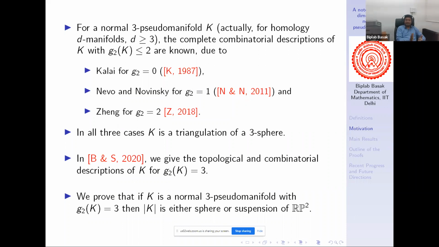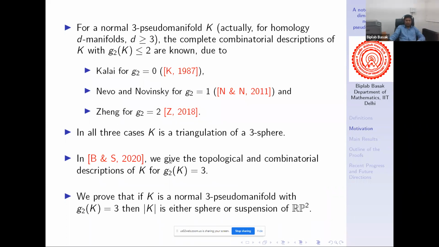That is, it is a three sphere topologically, but it has a special combinatorial property. For example, this will be a polytopic sphere, and it will come from the boundary of a four simplex by some combinatorial operations.